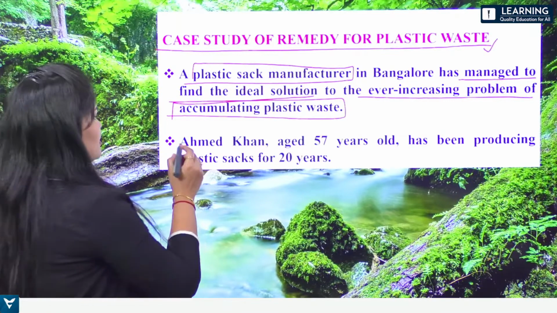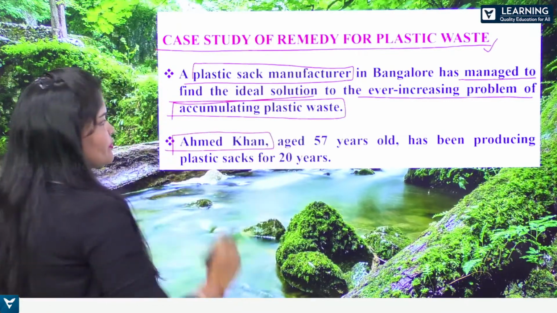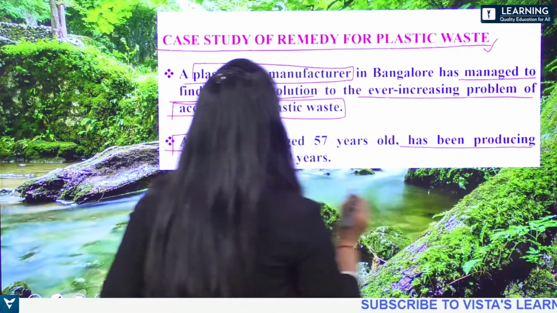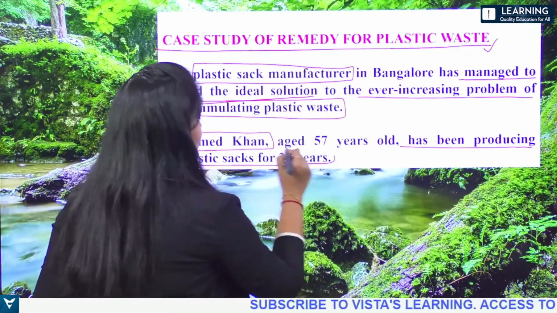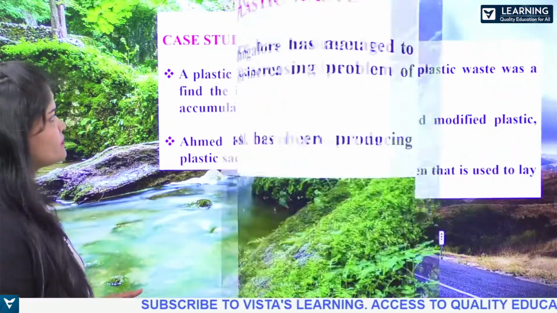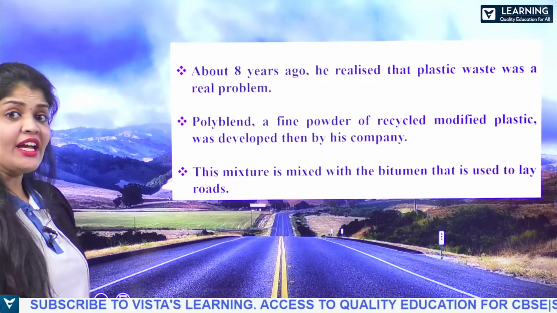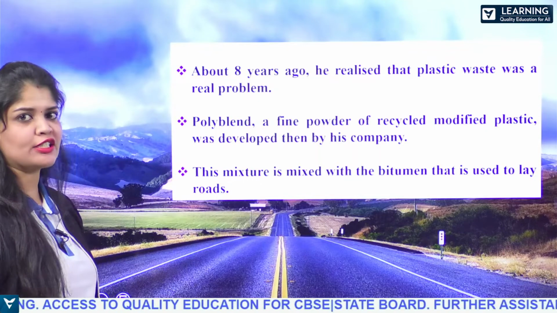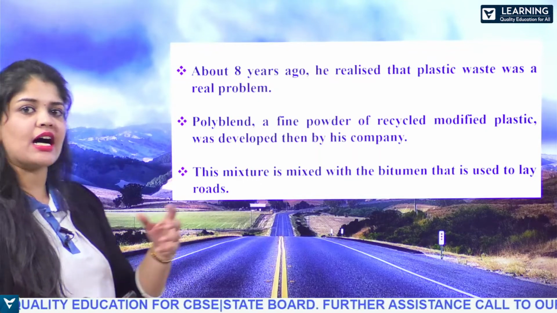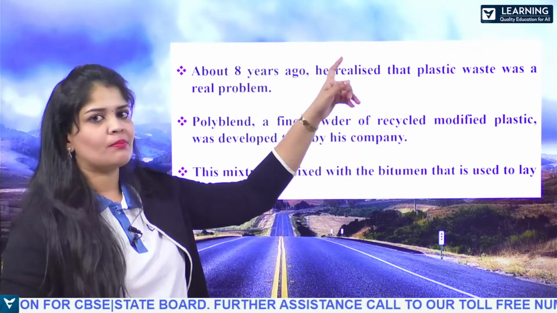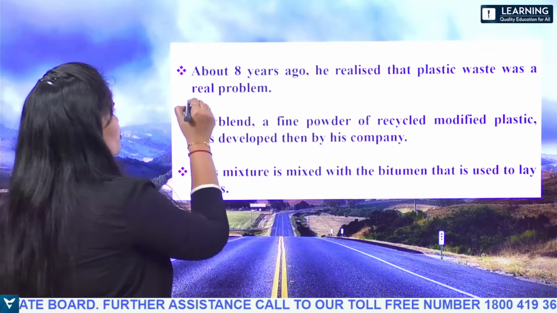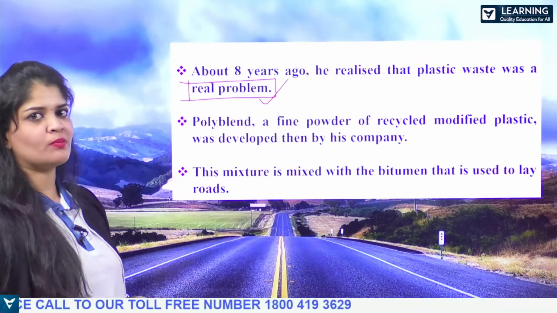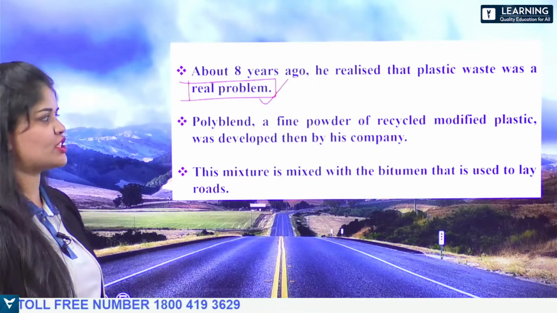Ahmad Khan, aged 57 years, has been producing plastic sacks for 20 years. About 8 years ago, he realized how much harm plastic waste was going to create for the environment. He realized that the real problem comes from plastic waste.